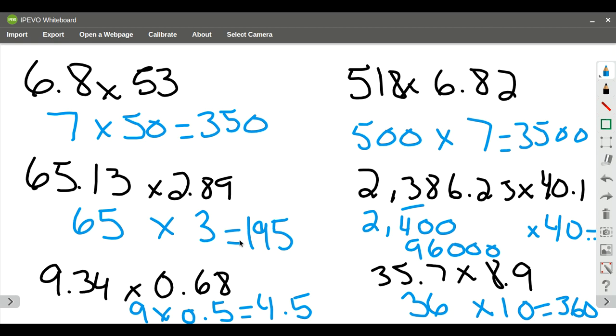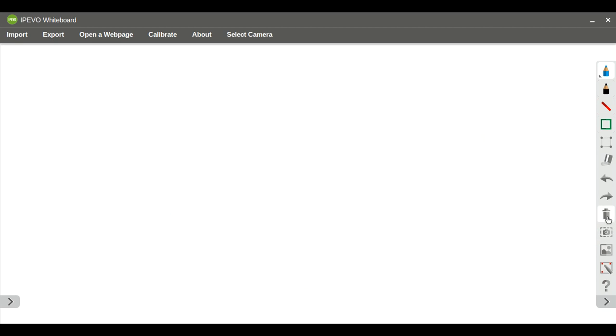So again, today when you are doing your work with estimating products, you need to make sure that you include your equation for your estimation. So what 2 values did you round or use compatible numbers, and then what was your final estimation? So I'd like for you, on 9 through 16, to do 10 through 16 even.